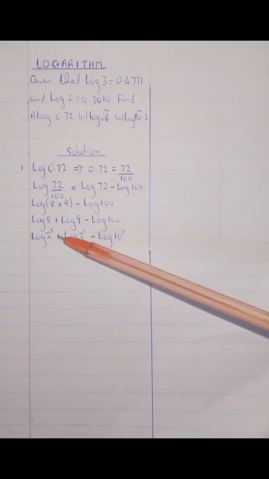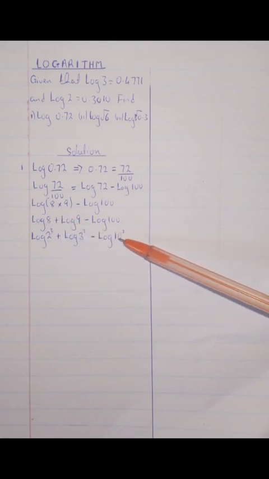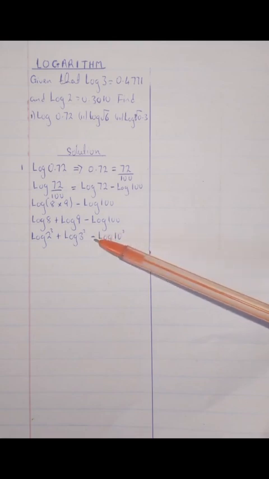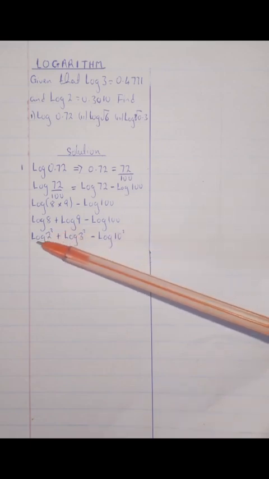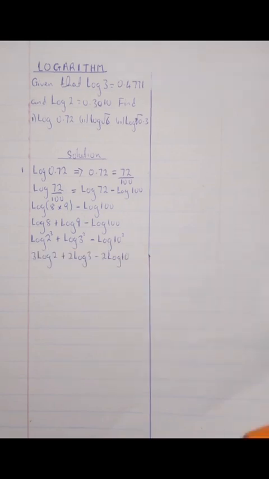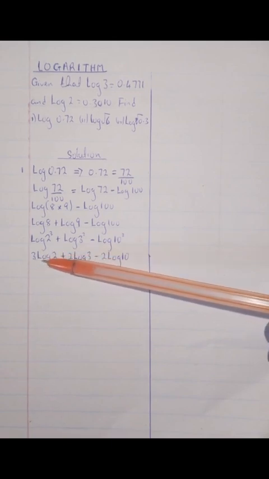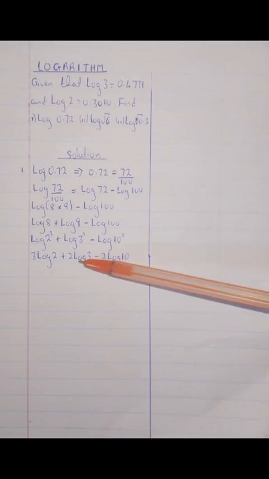So we'll be having 2 multiply log 3. And for this one too, we'll be having 2 multiply log 10. That is what the index law tells us to do when you have logs like this. So applying that, we have 3 log 2. 3 log 2 means 3 multiply log 2 plus 2 log 3 minus 2 log 10.